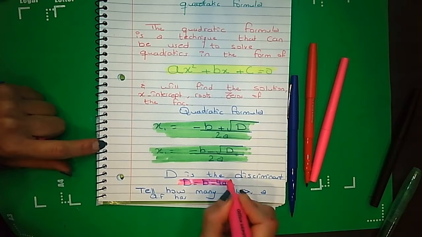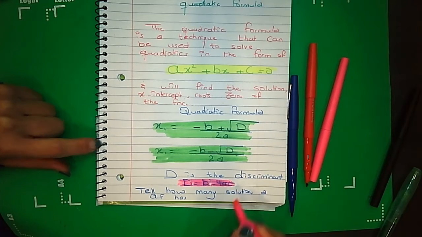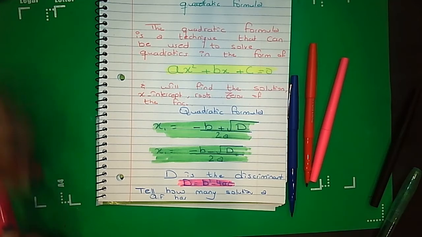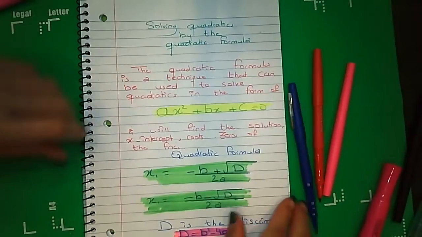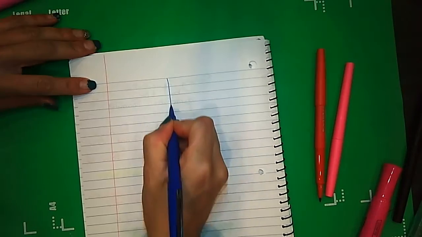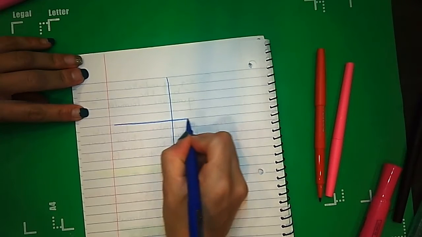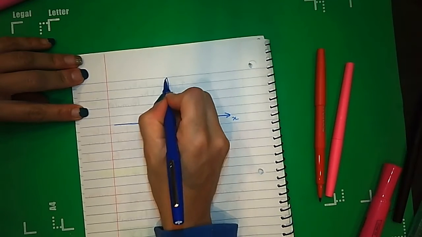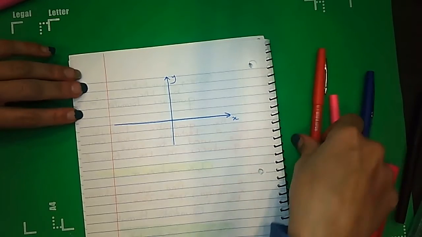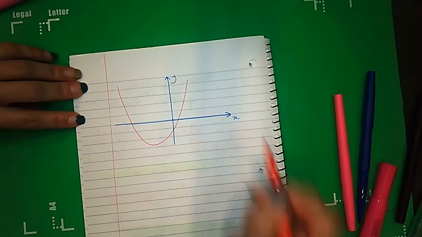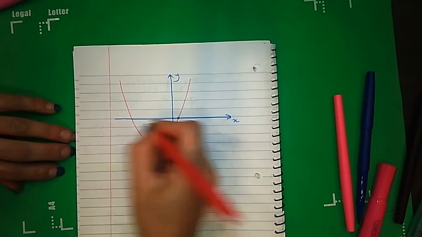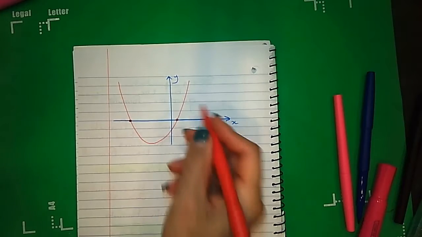I'm actually going to show you, since some of you don't really know what a solution or zeros of a function mean. I'm just going to write it down. When we talk about, this is x and y right here. And when I have, let's say, that graph, that parabola right here, see where it touches the x-axis on both sides?